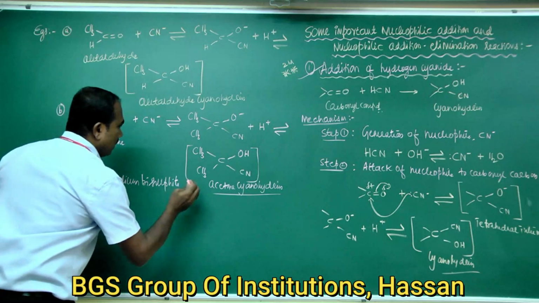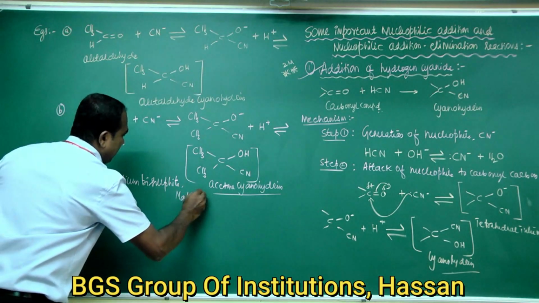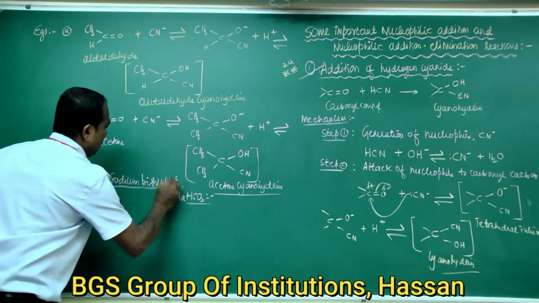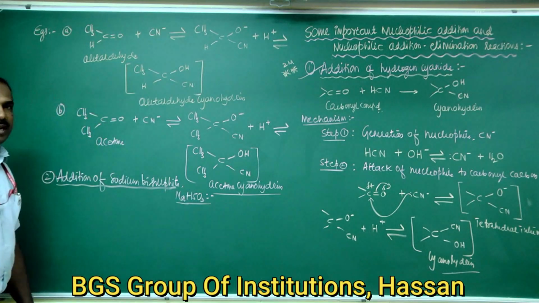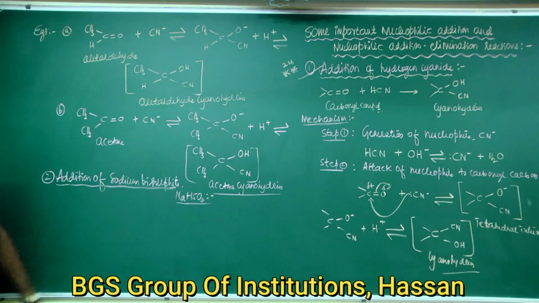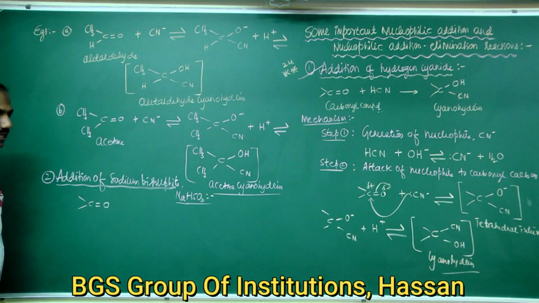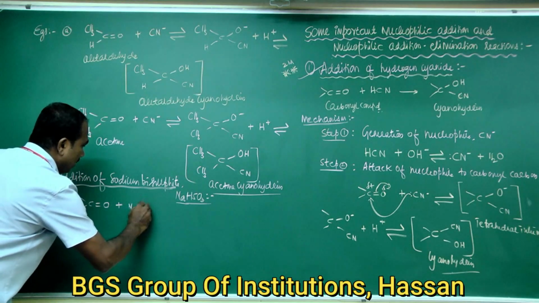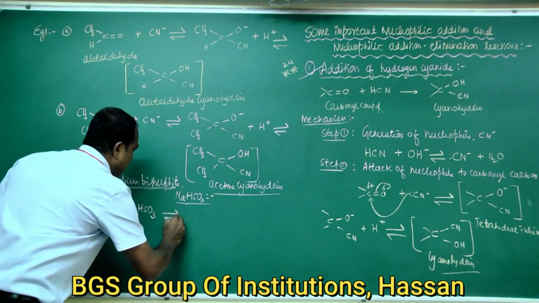The formula for sodium bisulfite is NaHSO3, sodium hydrogen sulfite or sodium bisulfite. Carbonyl compounds, that is C=O, combine with sodium bisulfite to form the intermediate.